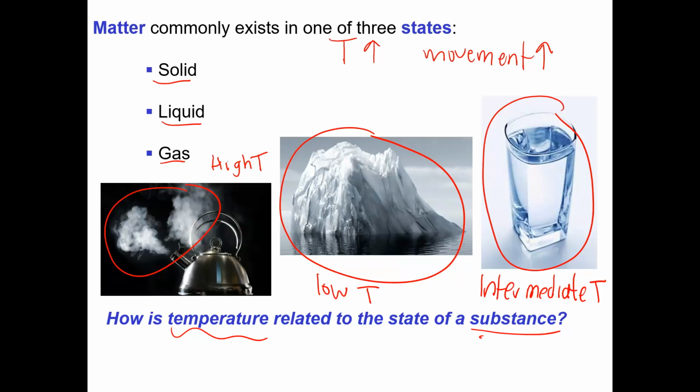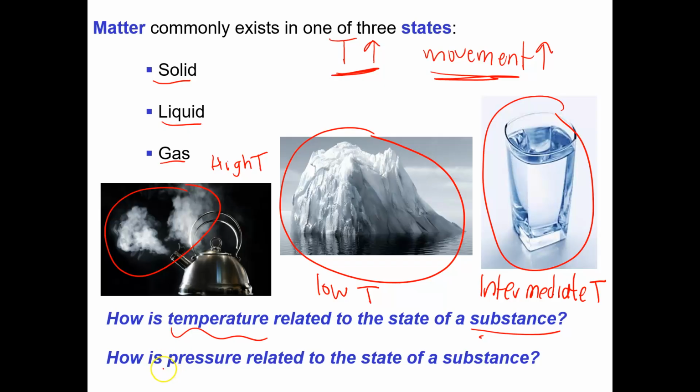What we would expect is that the particles that make up liquids are moving around more than those that make up solids, but less than those that make up gases. So that's a cool little bit of scientific reasoning, by thinking about how temperature affects the extent to which the particles are moving within an object.